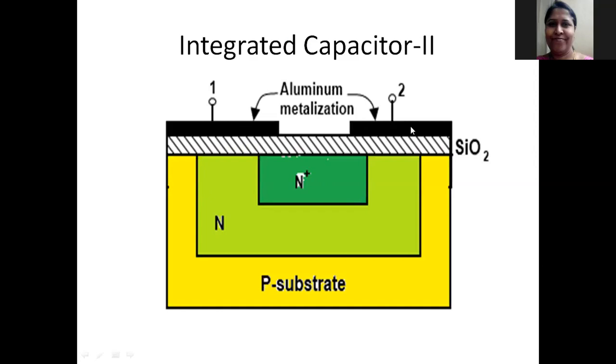The metal layer is used as a capacitor. Why? Because this acts like one electrode and this acts like the other electrode, separated by the SiO2 layer. So you can get integrated capacitor operation with the help of this metal electrode separated by the SiO2 layer.